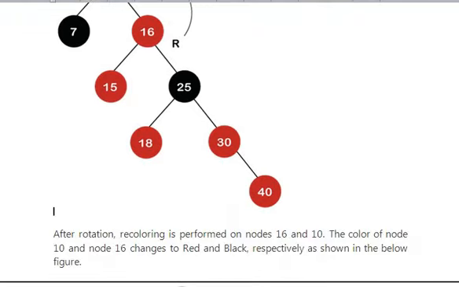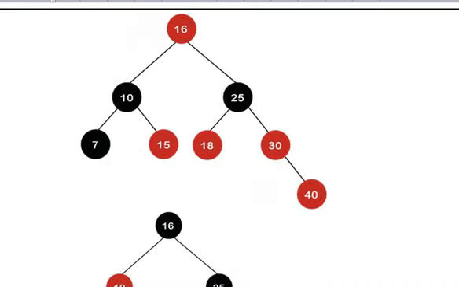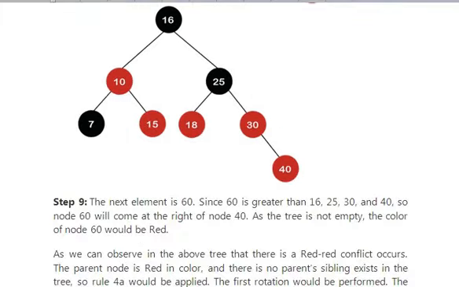So after rotation, recoloring is performed on 16 and 10. The color of node 10 and 16 changes to red and black. So now we have a tree. As the root node must always be black.